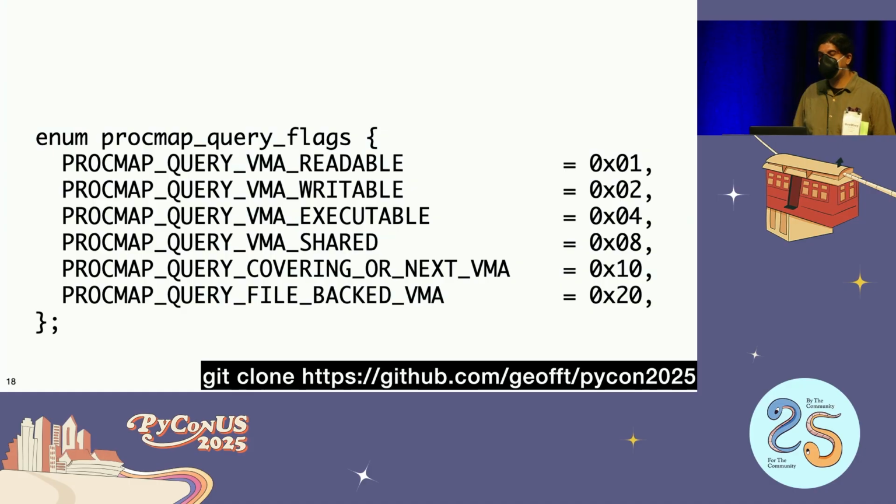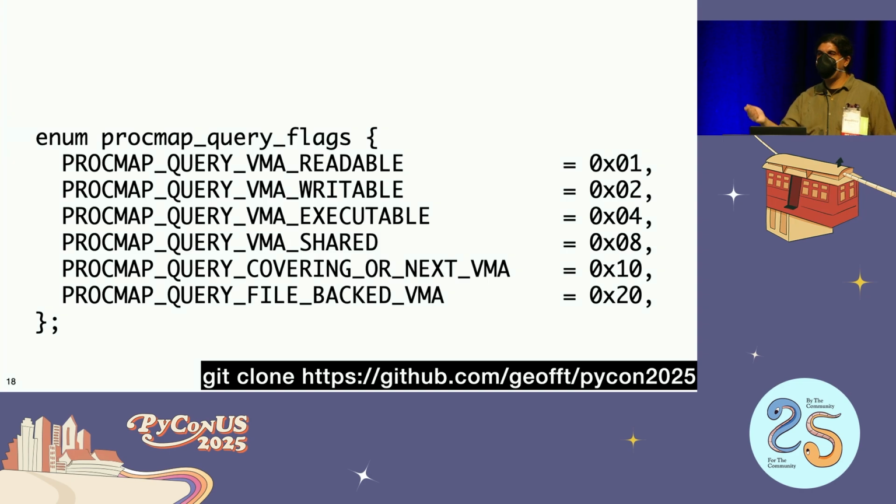So procmap query covering or next to VMA means if I give you an address and it doesn't point to a VMA, instead of telling me I can't find it, tell me about the very next VMA afterwards. And so we can use this to loop through all of the VMAs. We start at address 0, which is maybe hopefully unused. It's a null pointer. And we say, tell me about the next VMA after that. And it responds with the end address.